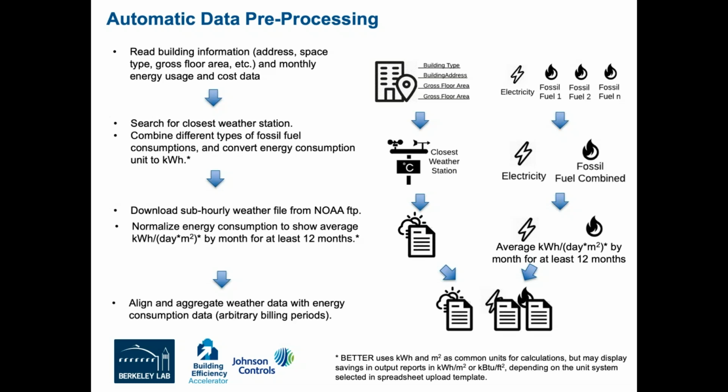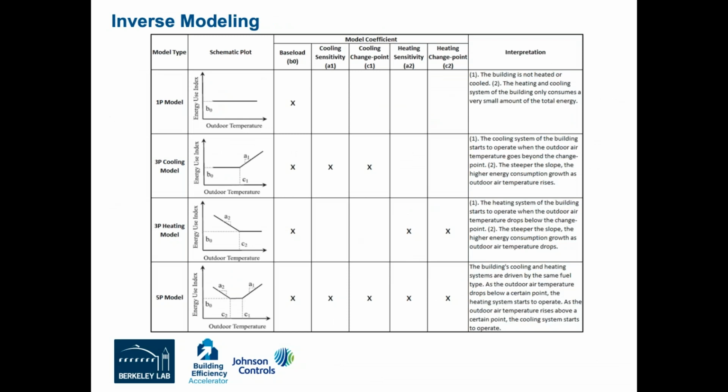So as I mentioned, we get any of the following schematic plots, which show the relationship between outdoor air temperature and energy use intensity within the building. So Better can provide up to 4 model types: a 1P model, a 3P cooling model, a 3P heating model, or a 5P model.